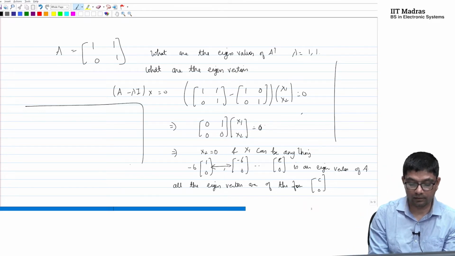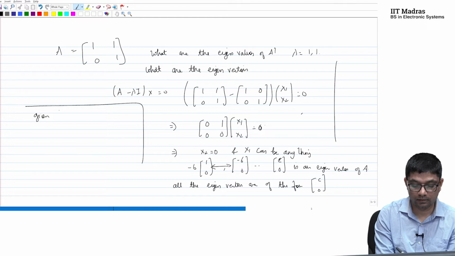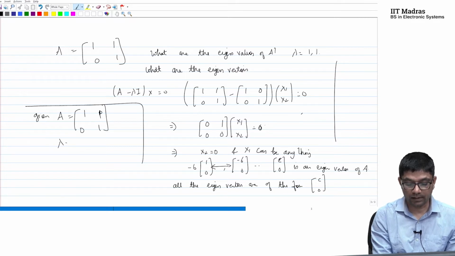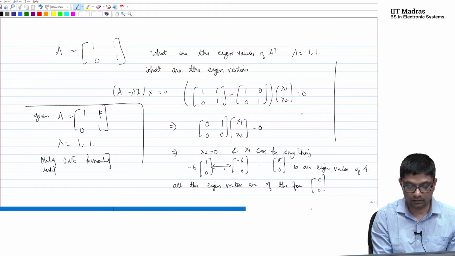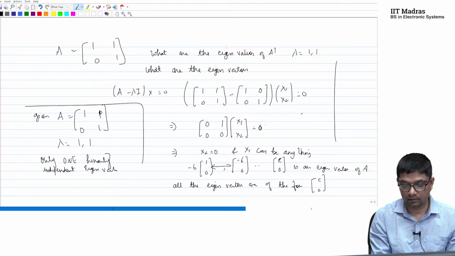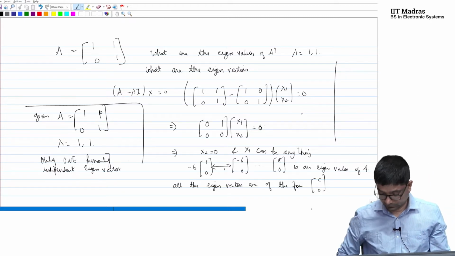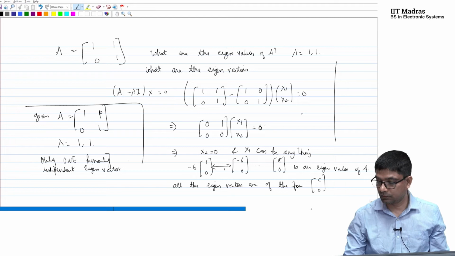So again, given A is 1, 1, 0, 1 with eigenvalues 1, 1, I can find only one linearly independent eigenvector. So what is happening here? So two things.